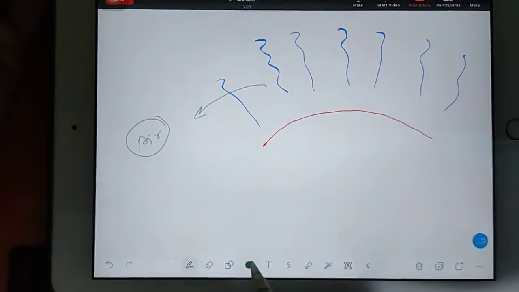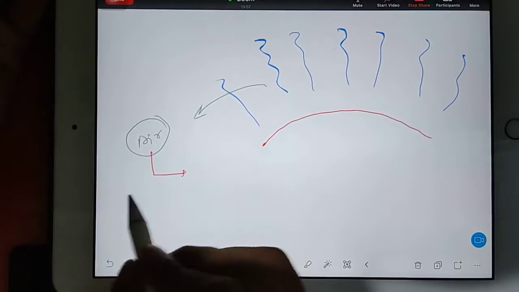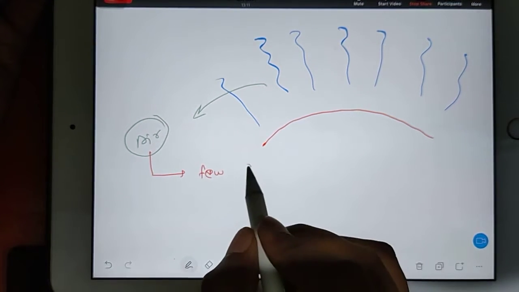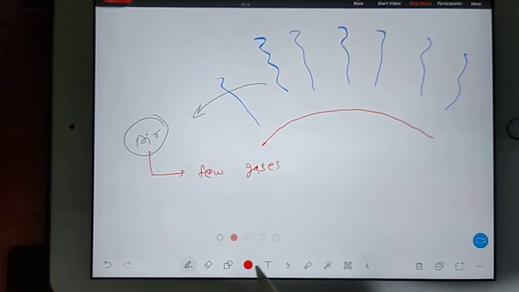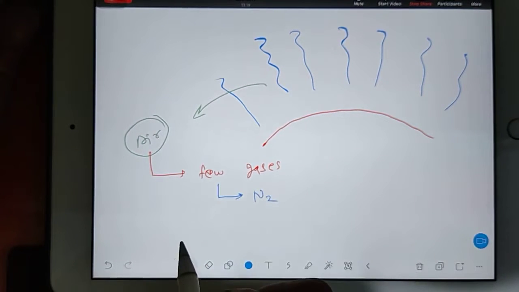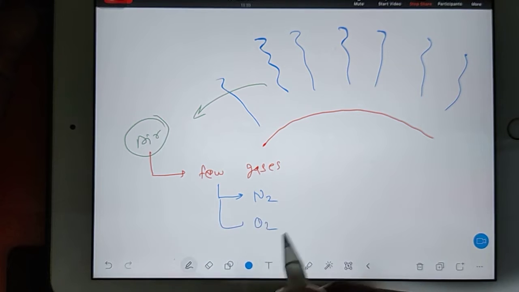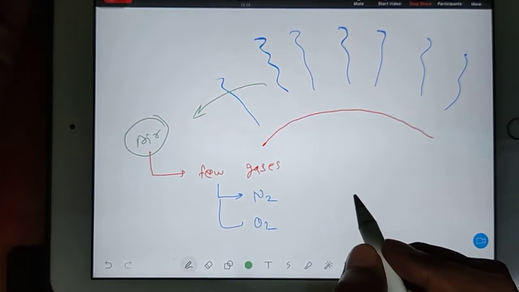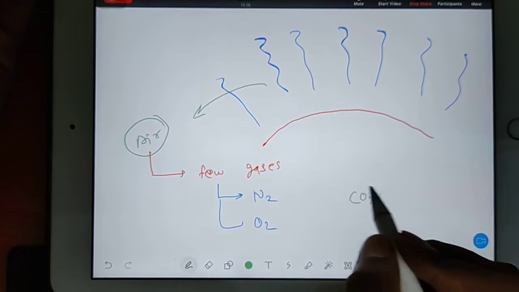What is air actually? Air is nothing but the combination of a few important gases. So what are those gases? You have nitrogen gas, oxygen gas, and also carbon dioxide.